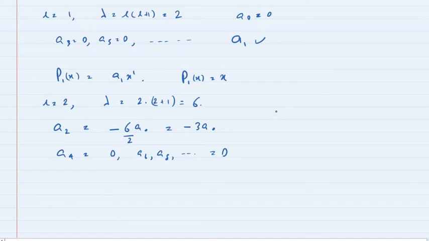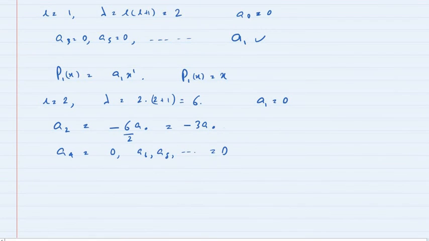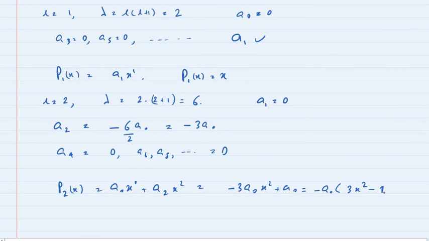And to make sure that the odd numbered series is converging, we are selecting A1 equal to 0 as well. Therefore, the solution when L is equal to 2 is A0 x to the power 0 plus A2 x squared, which is equal to minus 3A0 x squared plus A0, which is equal to minus A0 times 3x squared minus 1.